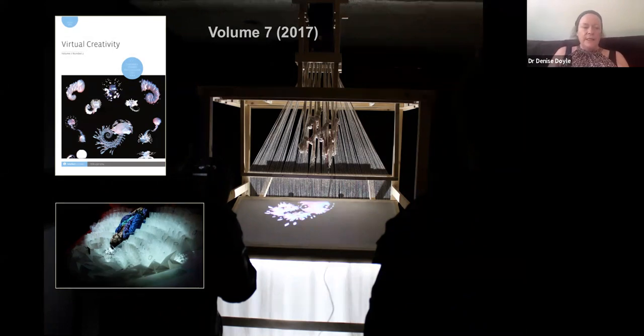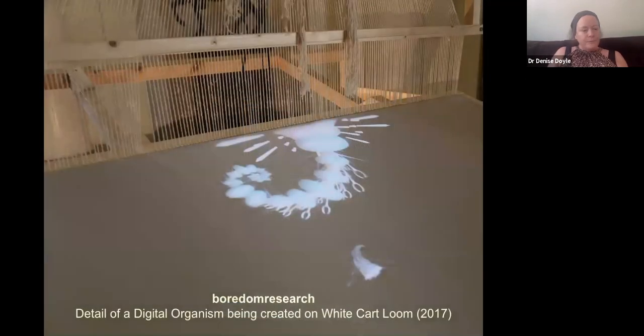And here you can see the work of Johannes Birringer in the bottom left-hand corner. And the rest of the images are from Boredom Research, a really interesting art science duo partnership based in the UK, aka Vicky Isley and Paul Smith, and their project White Cart Loom.